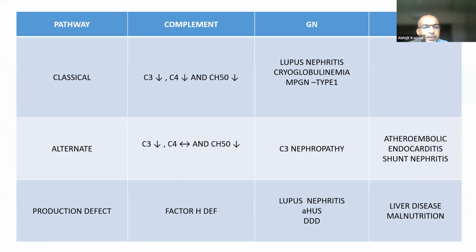If you have factor H antibodies, then one is dealing with thrombotic microangiopathy. And if there's a production defect in factor H, one may be dealing with dense deposit disease or with lupus nephritis. This may also be associated with liver disease or malnutrition because of non-production of components of the complement system.